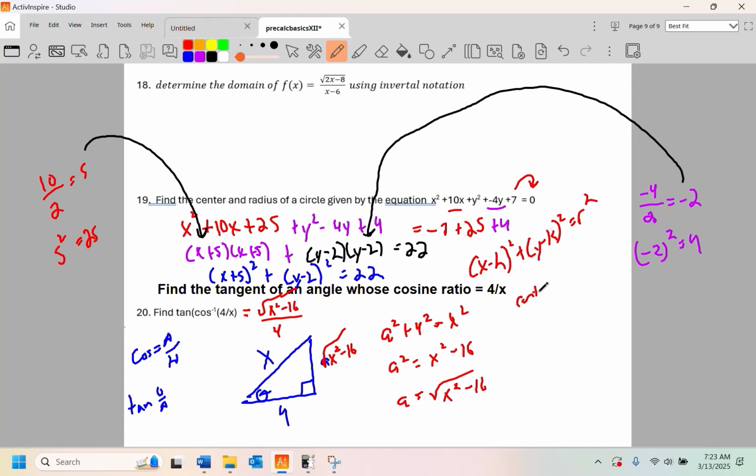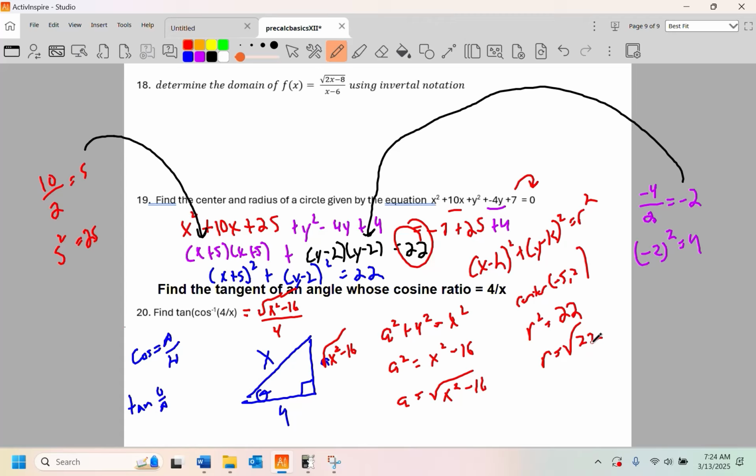So my center happens when I just change my signs: negative 5, 2. And r squared is equal to 22, so r is root 22. It's not a hard problem. It's really not. And the truth is, there's a whole lot less work than I showed. Unless you're a person that has to do all the work. I don't know.